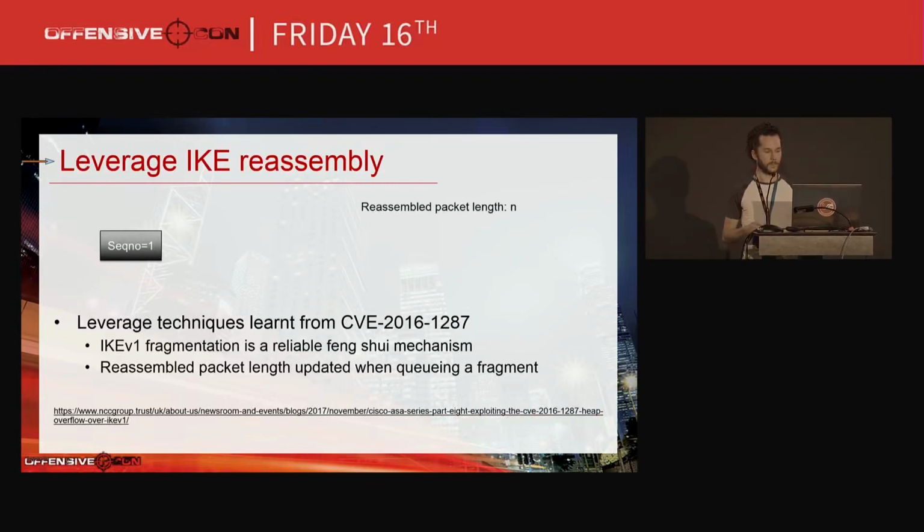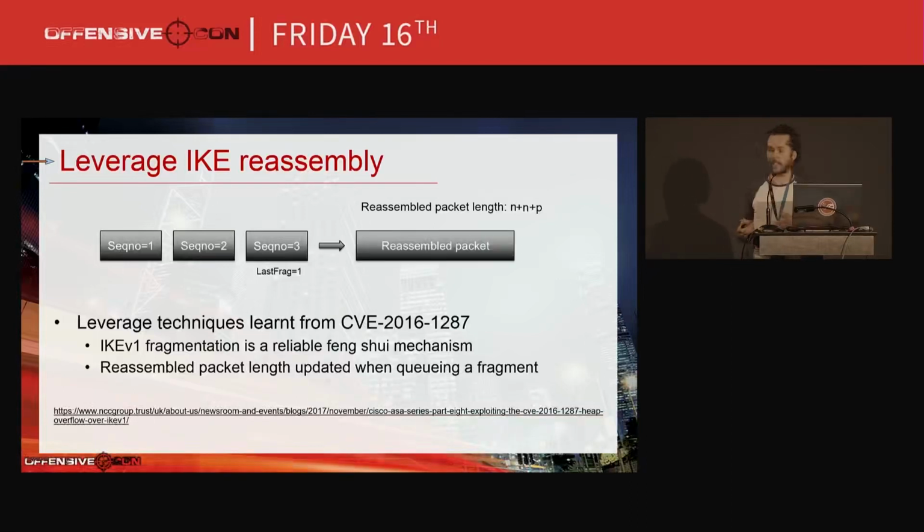Let's say we receive the first fragment: it's going to store the length of the first fragment. Then we receive the second one, it's going to add that to the length. Then the third one is going to add that to the length. Now it's allocating the reassembled packet, but it doesn't check the previous length of the fragments. It's just using the one it has computed, right?